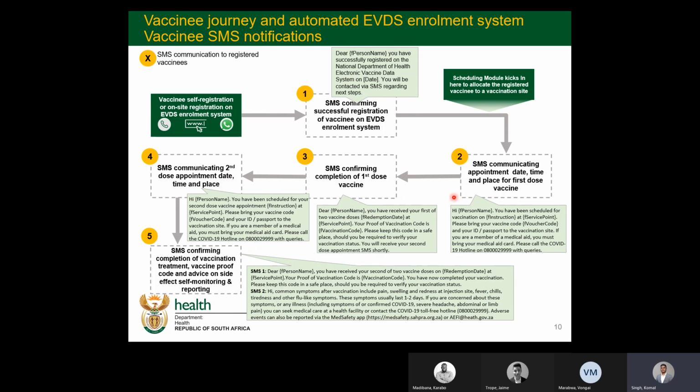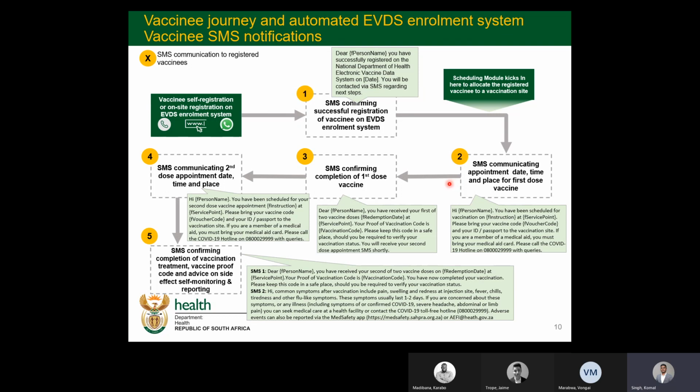For example, Hi Kumal Singh, you have been scheduled for vaccination on the 13th of August 2021 at Midrand Clinic. Please bring your vaccine code, as well as your ID or passport, to the vaccination site. And if you're a member of a medical aid, please bring your medical aid card. If you have any queries, you may contact the COVID-19 hotline on the number below.